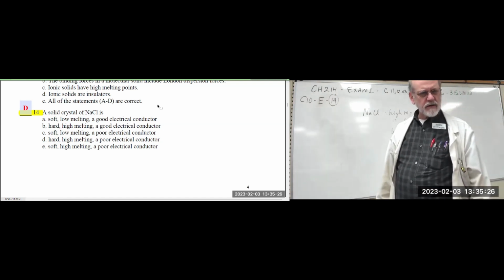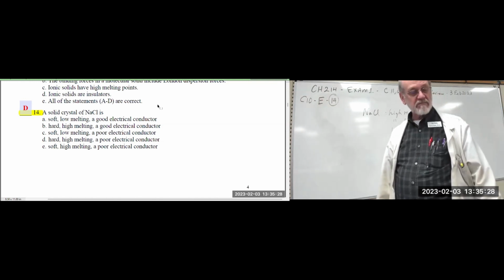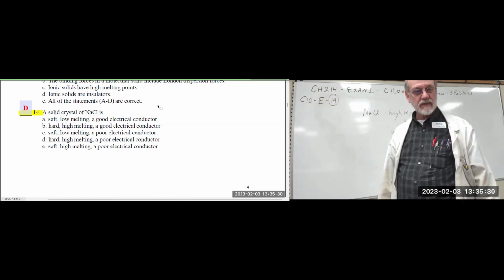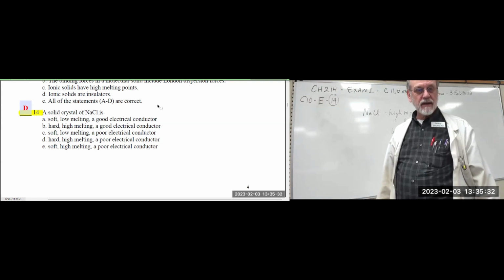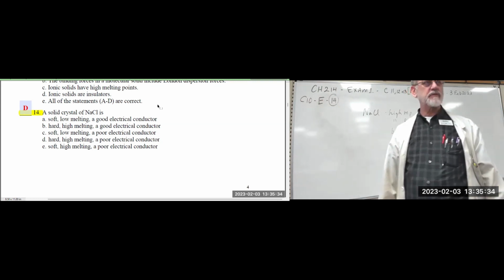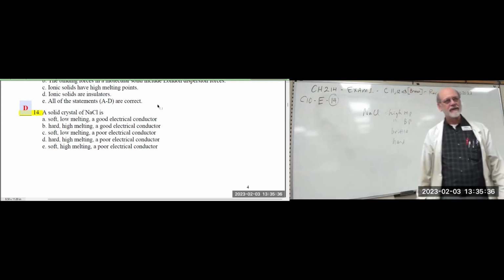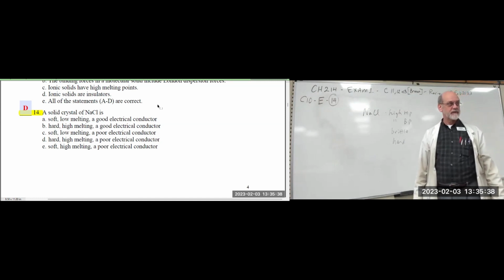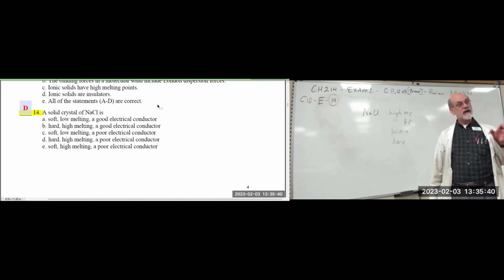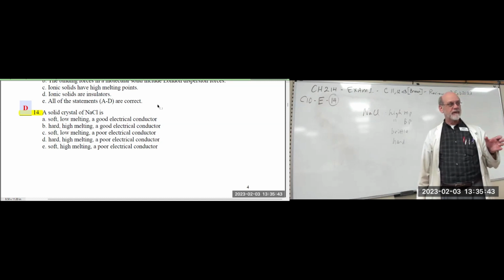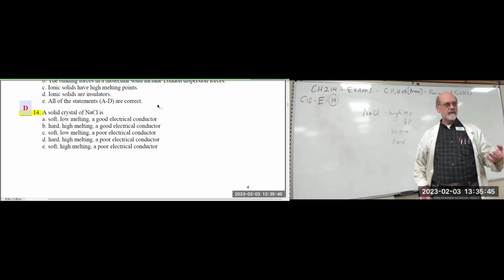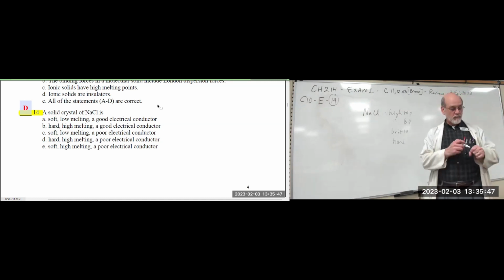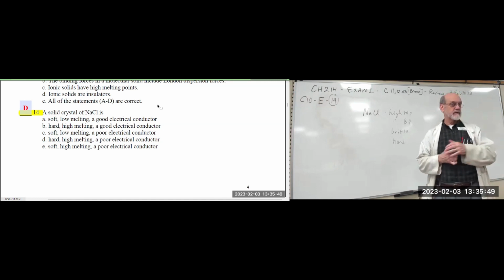Is it going to be hard? So that's B or D. Okay. High melting. They're both high melting. A good electrical conductor, a poor electrical conductor. Should be a poor conductor. Again, because those ions are locked in place. They can't move. You need mobile ions to be a good conductor, or mobile electrons like metals.